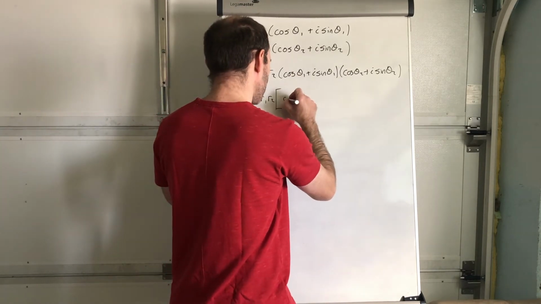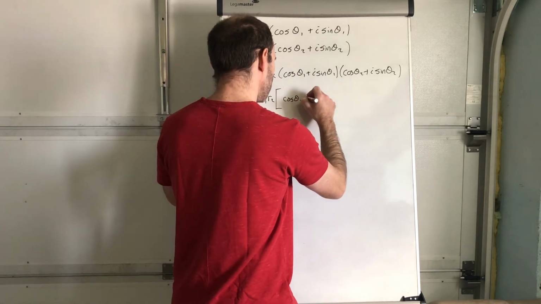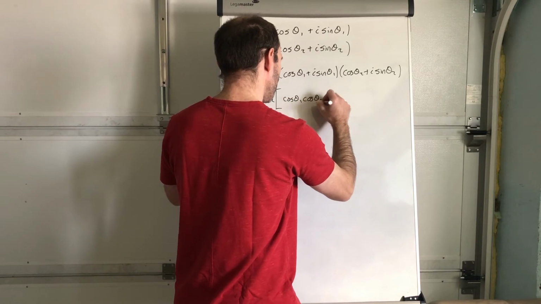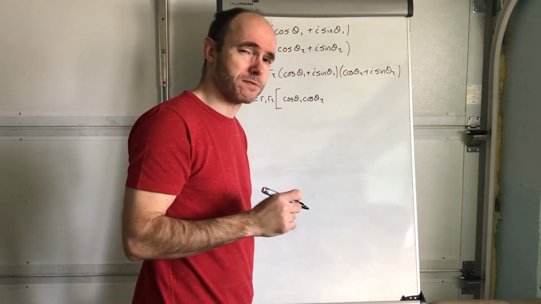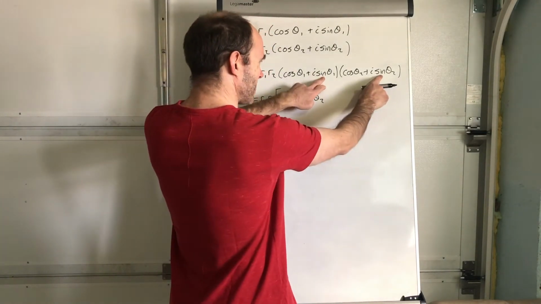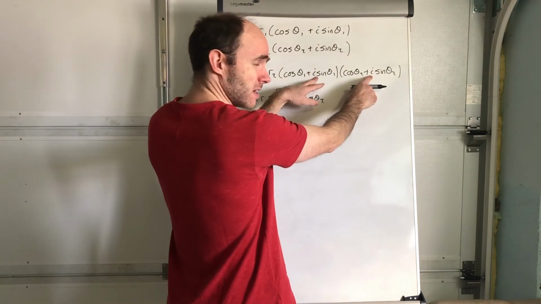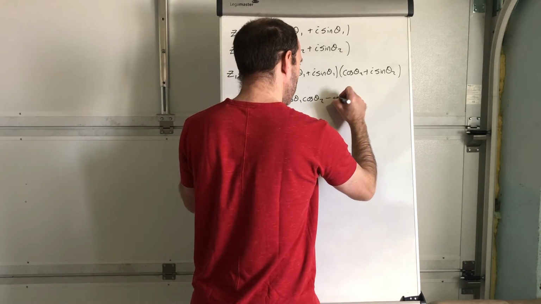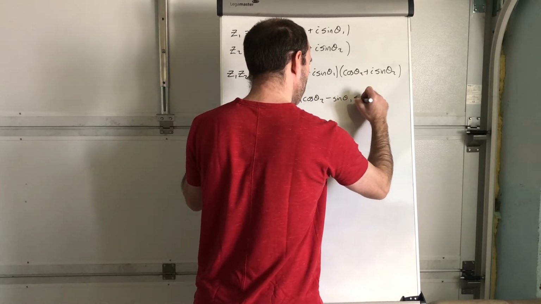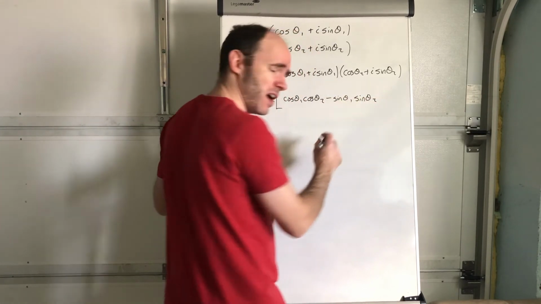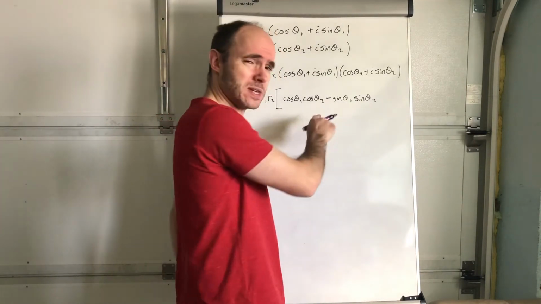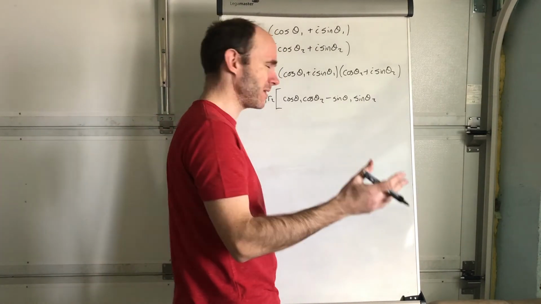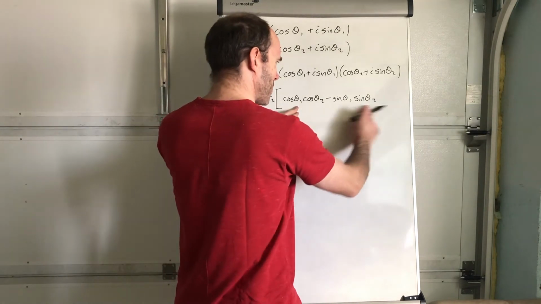So that's cosine theta1 cosine theta2, and then if I look at the real parts first, I'm going to multiply that by that. i times i, that's i squared, it's negative, so subtract sine theta1 sine theta2. I'm only halfway through my expansion, so you can see what I mean by I'm not going to fit it all on. But that is the real component, all right?